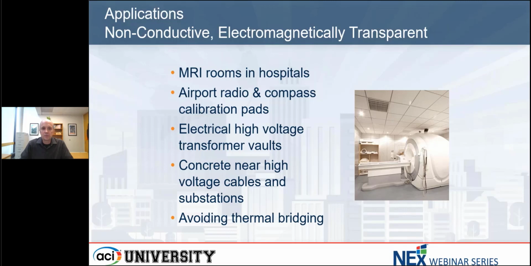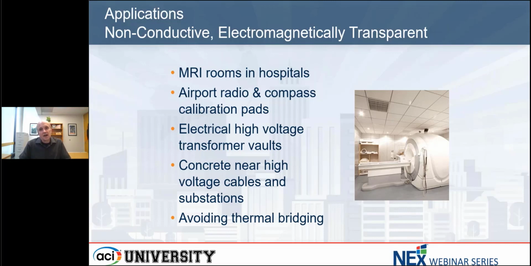So FRP reinforcement is a really good alternative where you need to reduce the amount of ferrous or magnetic material around these types of units. Other applications are near high voltage equipment, near navigational equipment around airports. There are specialty applications where FRP reinforcement is really about the only way that you can reasonably reinforce concrete and avoid some of the interruption that would be caused if you used a metallic type of reinforcement.